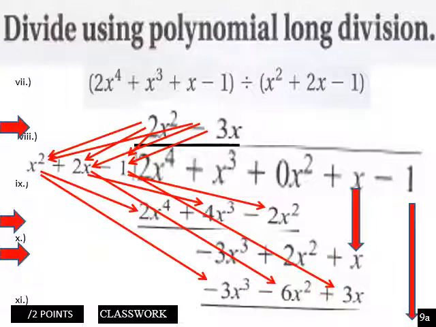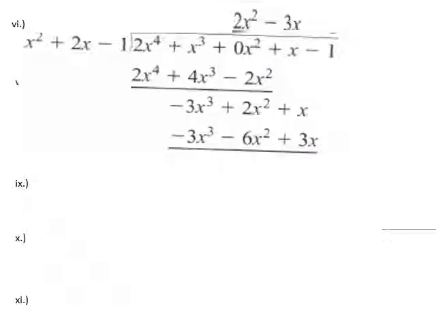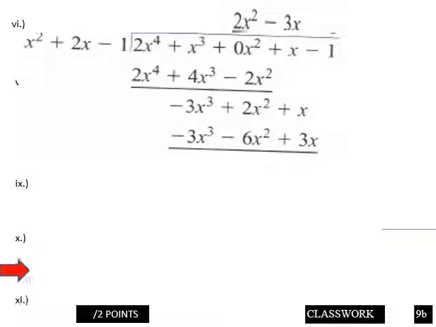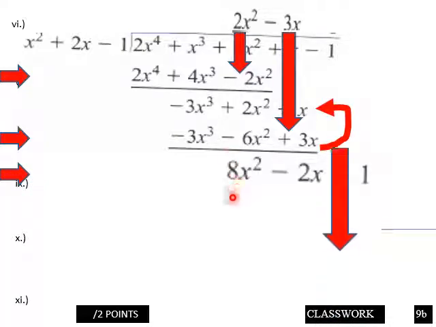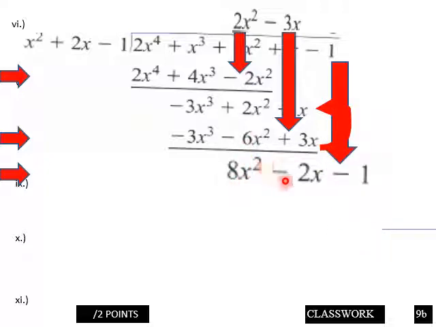Yeah. So when we change sign and combine, okay, that's what we did, and now we have ax squared minus 2x minus 1, so we drop down this negative 1.